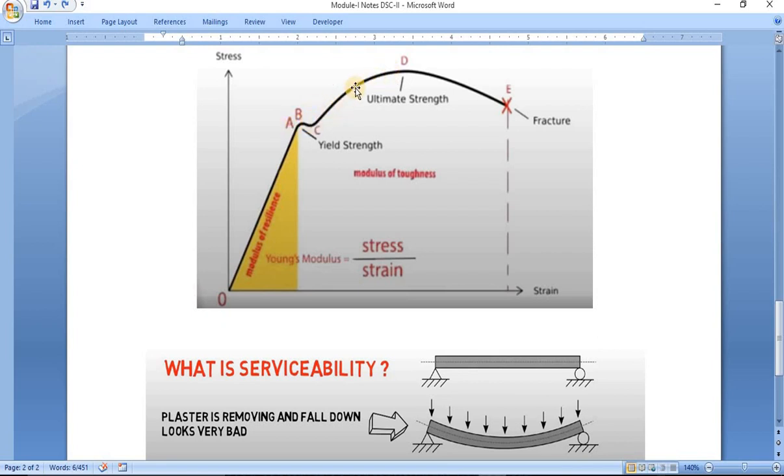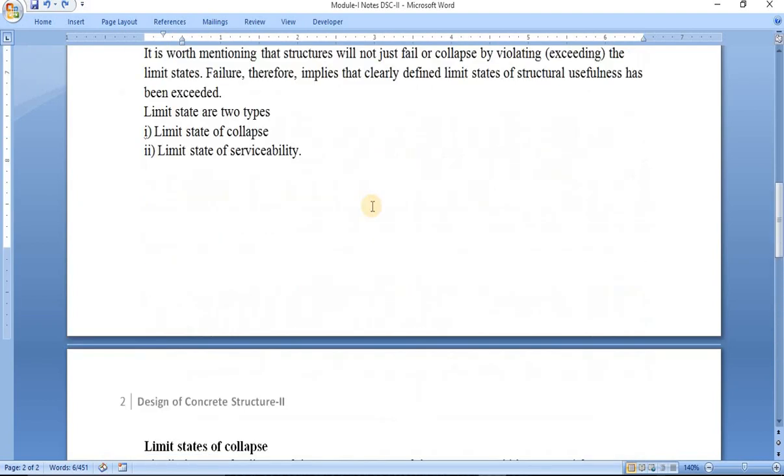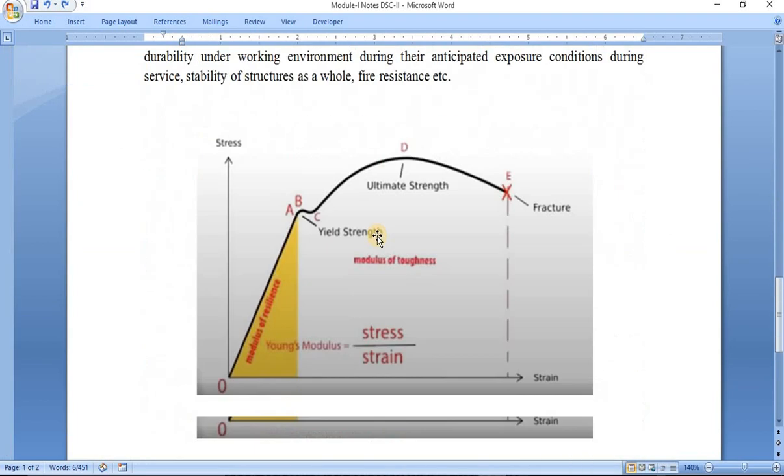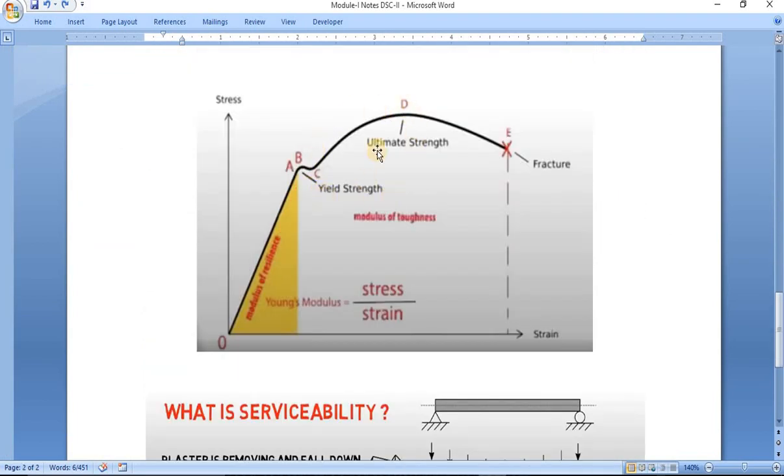But you can see after the non-linear behavior, the material again carries a certain amount of load. Stress is increasing, meaning the load carrying capacity of the material is increasing, but we are not considering it in working stress method. It is considered in limit state method, with certain limit states.